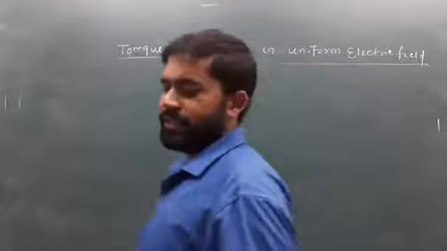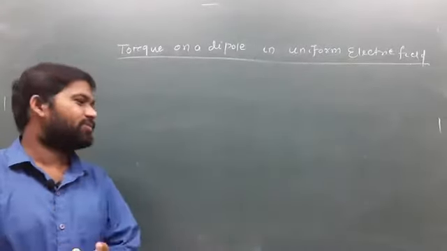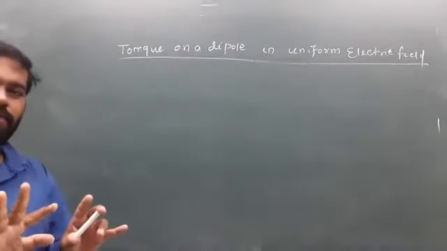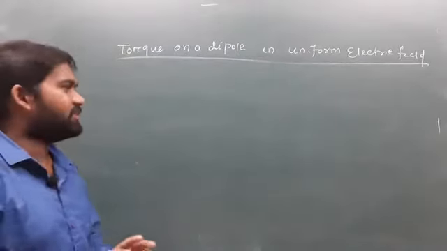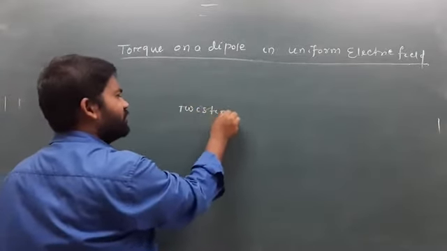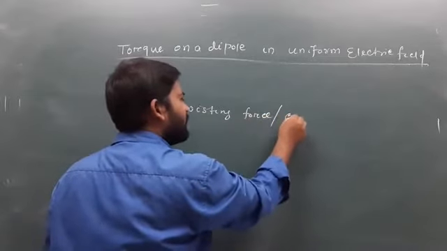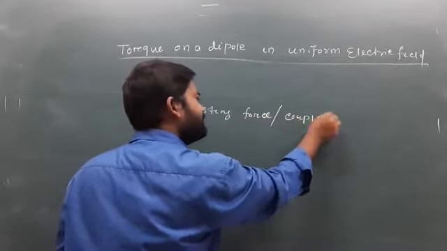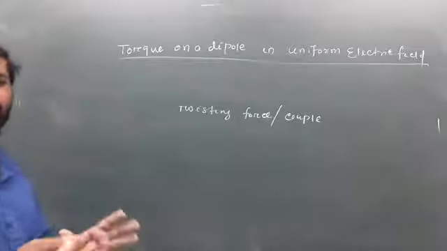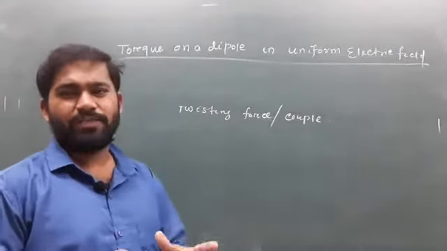First thing, you have to know what a torque is. As all of you know, torque means a twisting force, or simply we can say a twisting couple. What is twisting force and what is twisting couple?